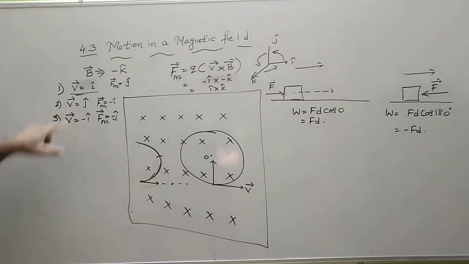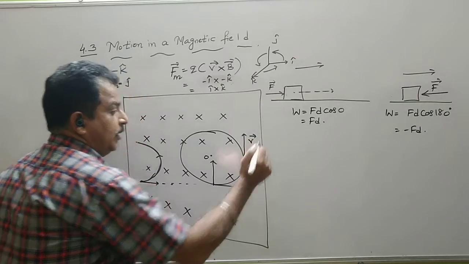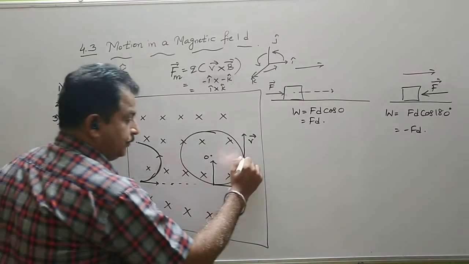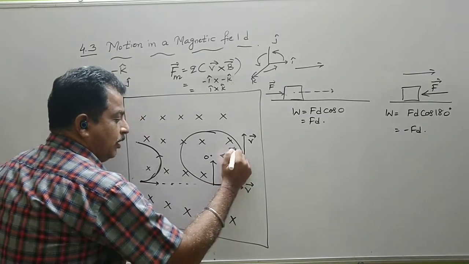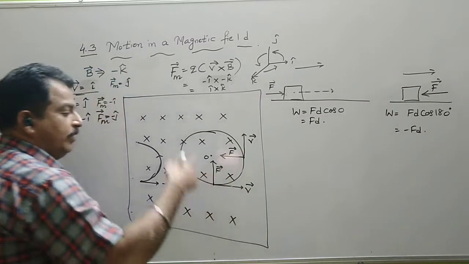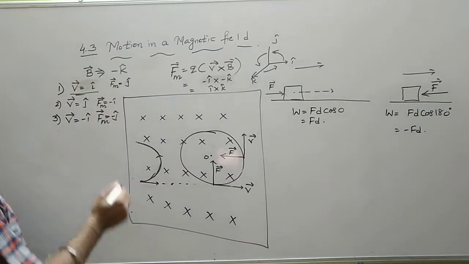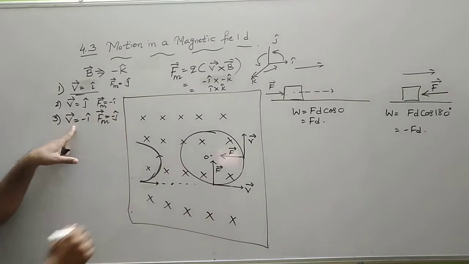New direction becomes j. This is V vector. What is the direction of force? Minus i. So this is F vector. You say it a Lorentz force. We are not talking about electric field, so we call it a Lorentz force. Then this is minus i. Now V becomes minus i.